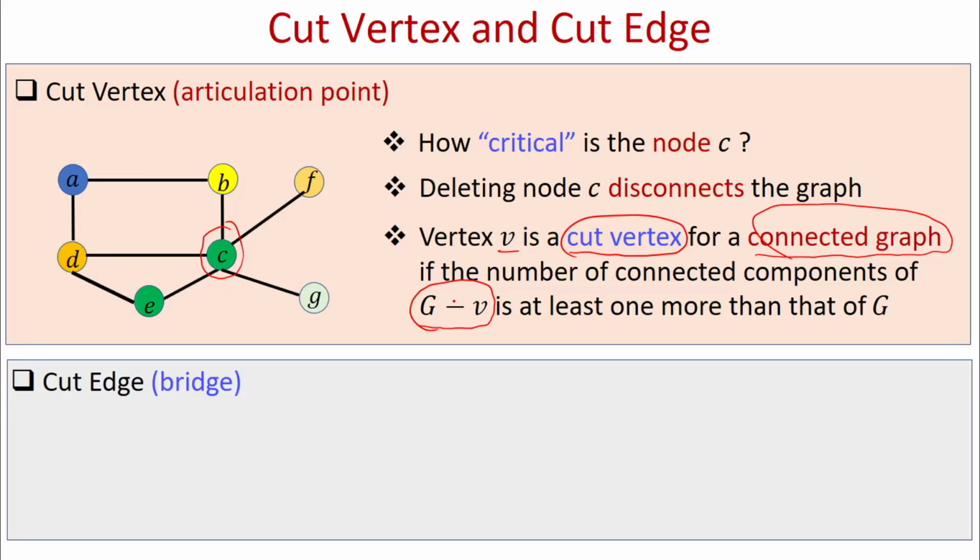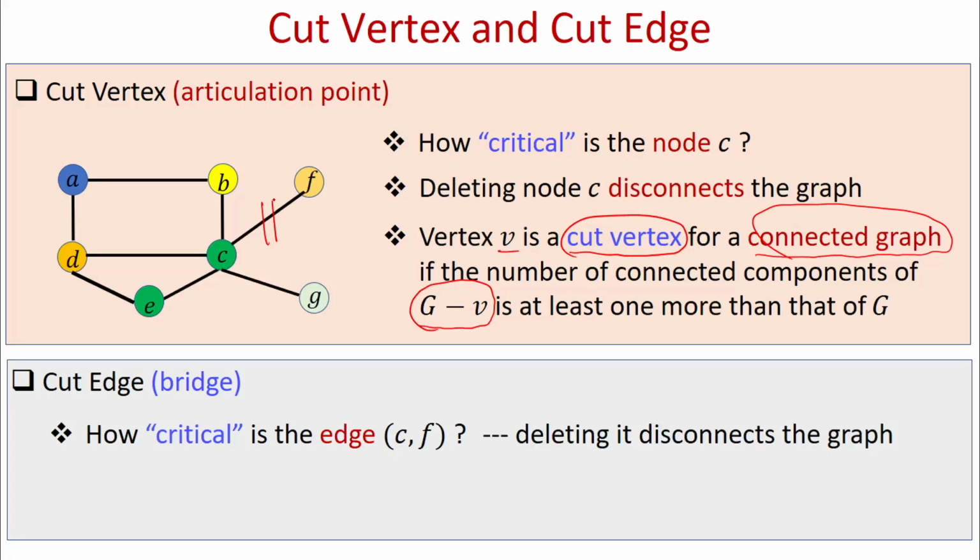Similarly, I can define a critical edge, which is also called a bridge or cut edge. Again, if I take the same graph as above and focus on the edge connecting the nodes C and F, then that edge is very critical, because if I delete it, then the whole graph gets disconnected.